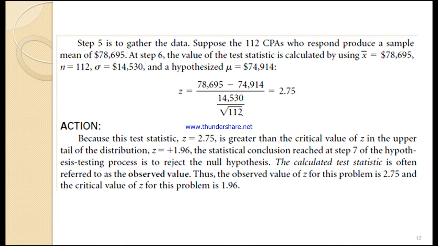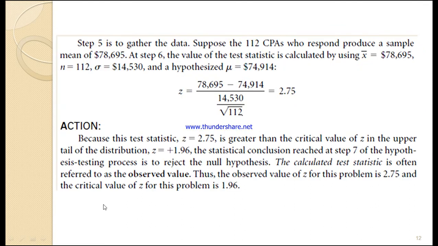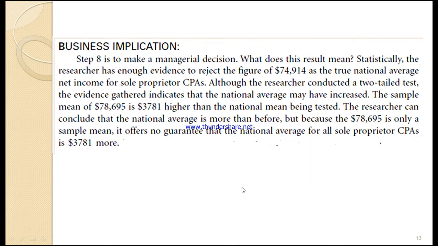The calculated test statistic is usually known as the observed value. Therefore, the observed value of Z for this problem is 2.75, and the critical value of Z, or table value of Z, is 1.96.